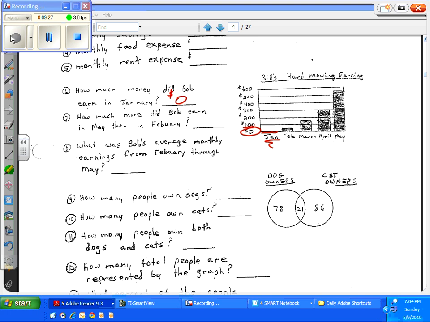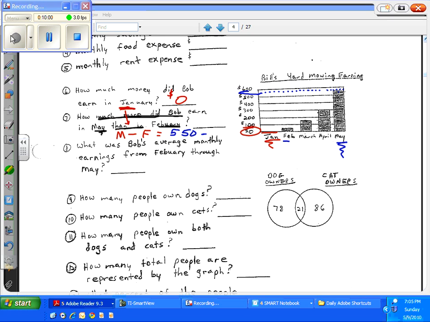Number 7 says how much more did Bob earn in May than in February? How much more means subtract. So we want May minus February. In May, it was between 500 and 600, $550.